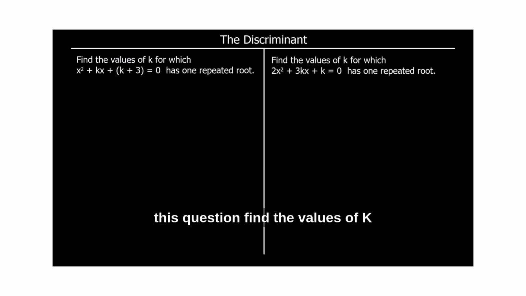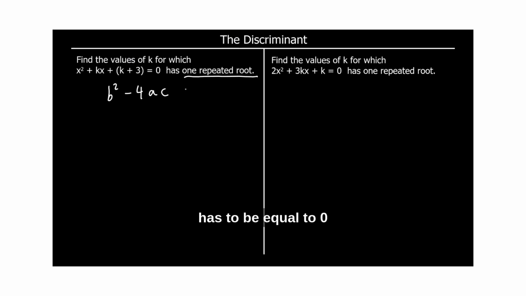And this question, find the values of k for which x squared plus kx plus k plus 3 has 1 repeated root, so 1 solution. For that, b squared minus 4ac has to be equal to 0.